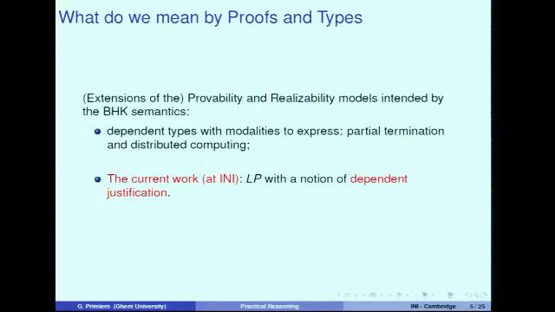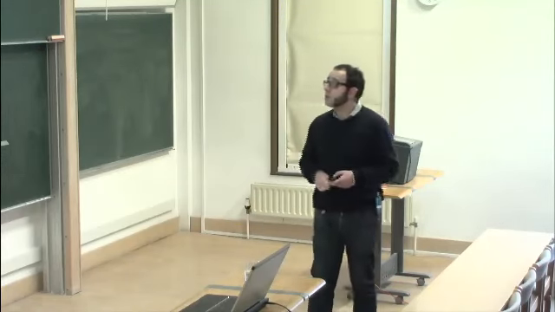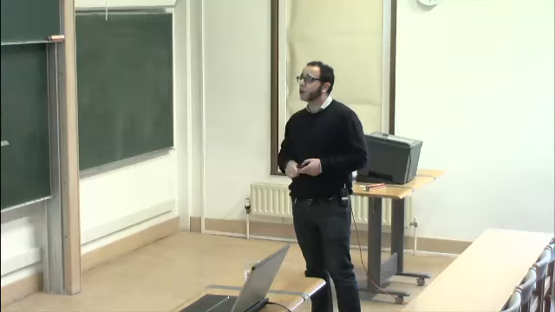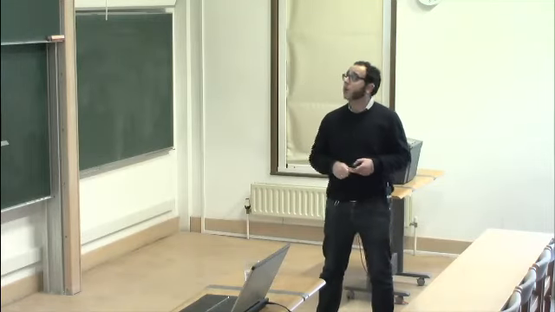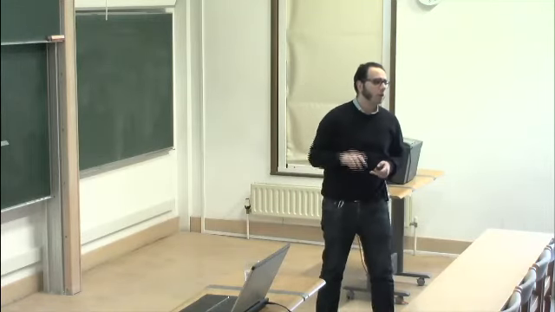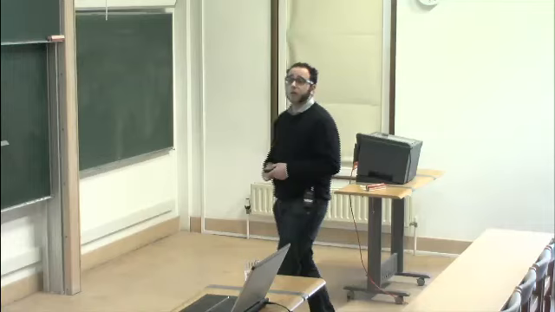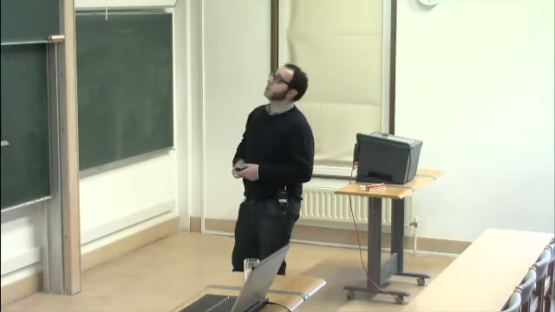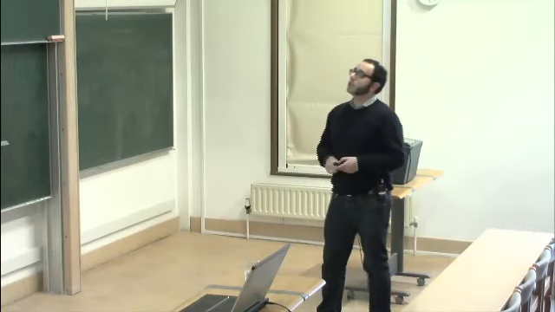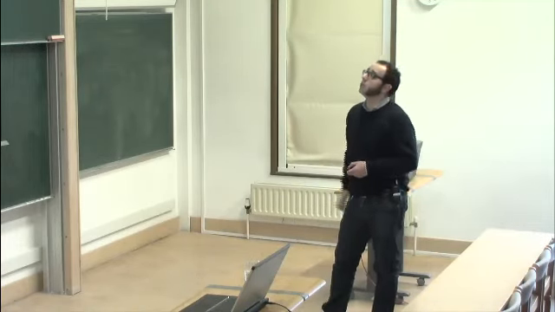The one thing I will be talking about today, which is the work I will be finishing here at the Newton Institute, is an extension of the logic of proofs with the notion of dependent justification. So this is what I will talk about in the next 15 minutes maybe.